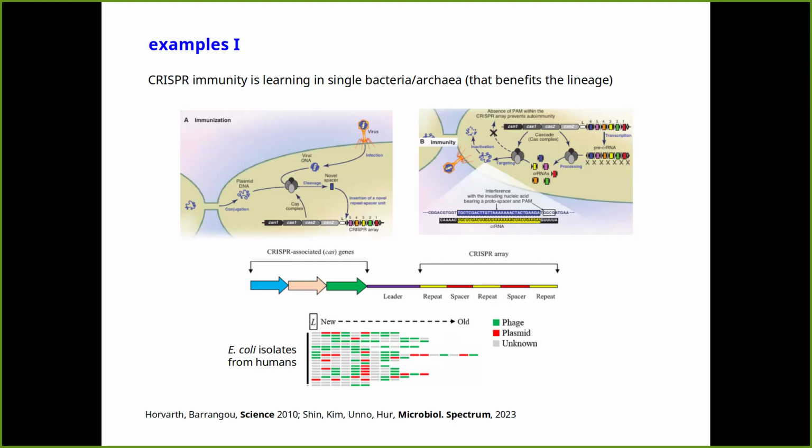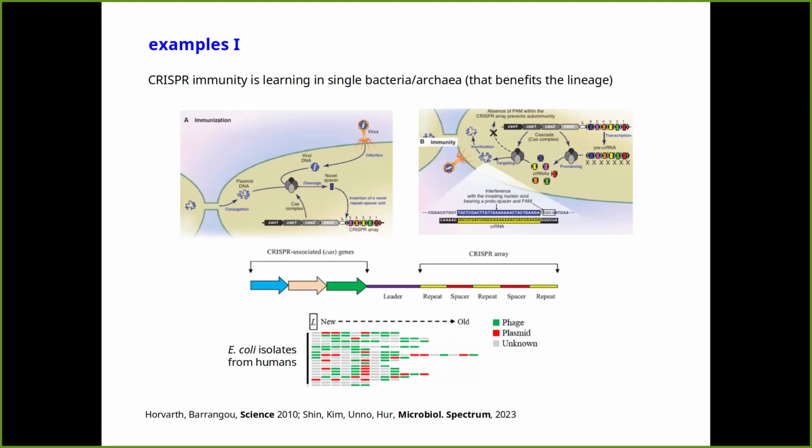This is actually how CRISPR was discovered, because when people started being able to sequence bacteria, they started finding these sequences and the sequences around them, and realizing that they were bits of phage genome.